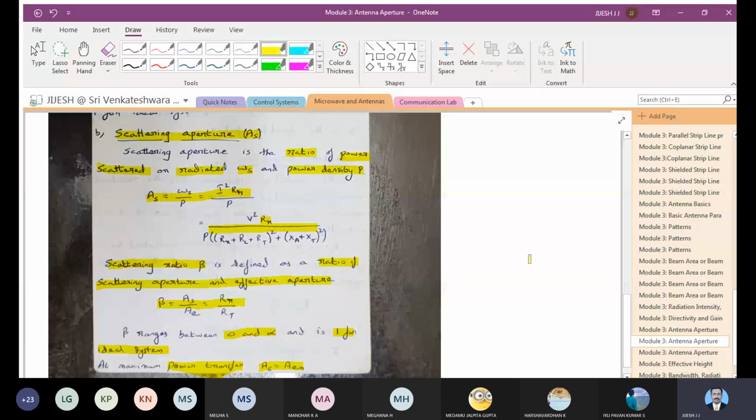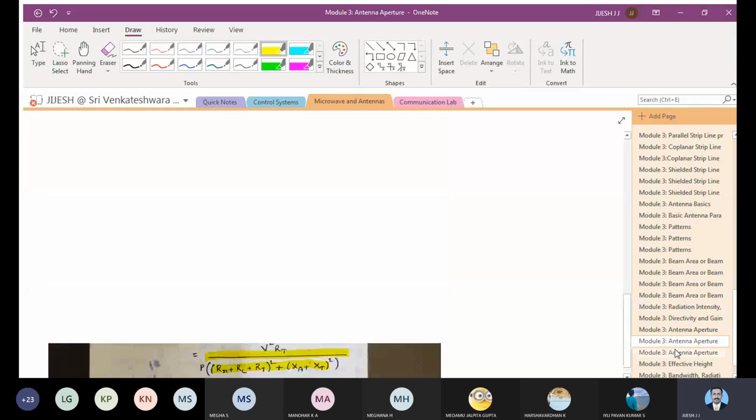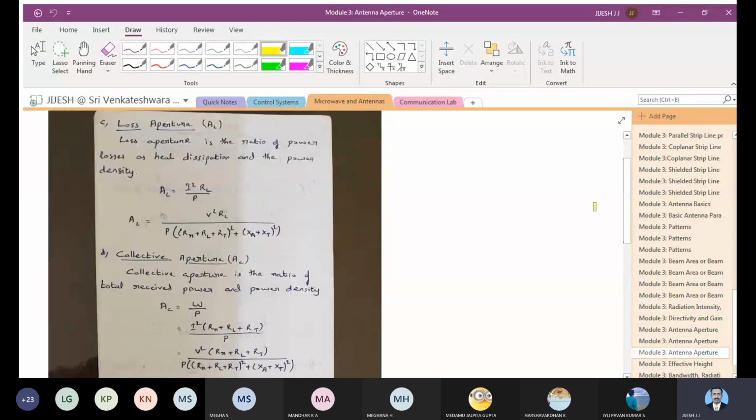So in antenna aperture, we are going to see the rest of the things like loss aperture. The third one is called the loss aperture. You can note down, it is written as AL. AL is the notation for loss aperture, and it is the ratio of power loss as heat dissipation and the power density.